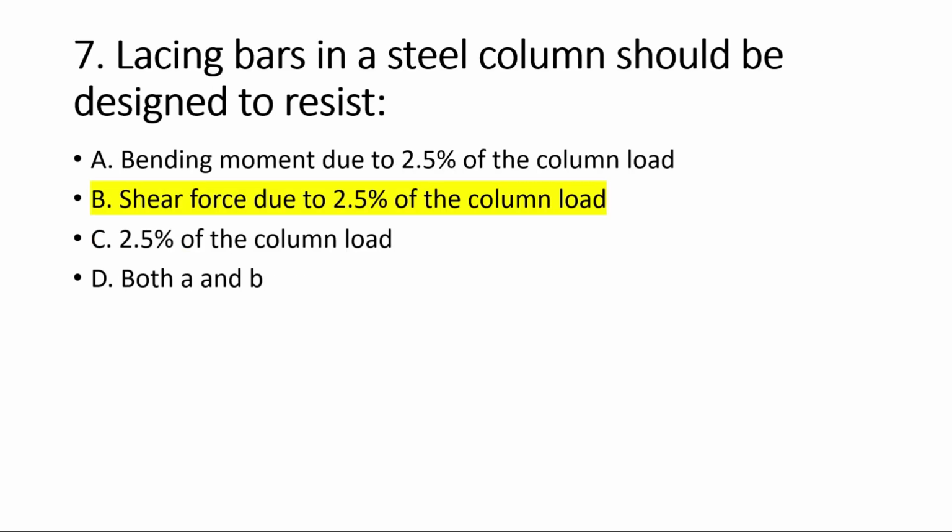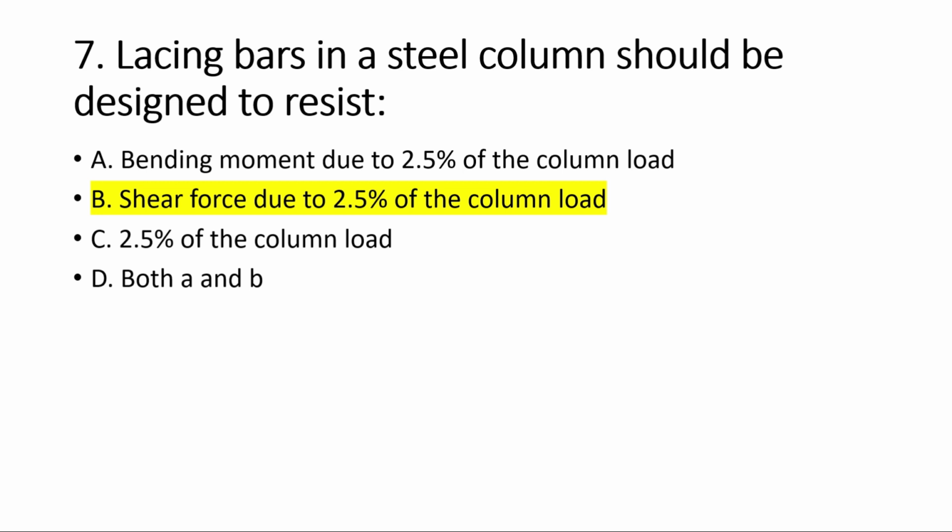Next question: lacing bars in a steel column should be designed to resist what? We know it resists transverse shear force, that is V equal to 2.5% of axial force in the member. Okay, so column load, that is option B, is correct. And for a single lacing system on two parallel faces, the force, either compressive or tensile, in each bar will be determined as V upon 2 sin theta.